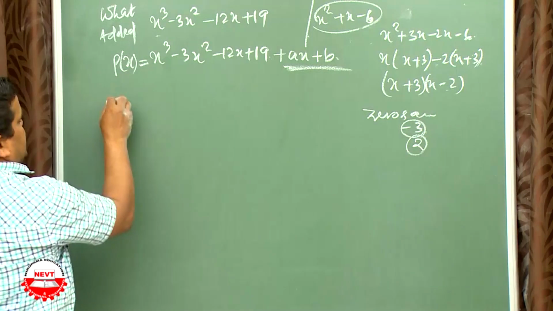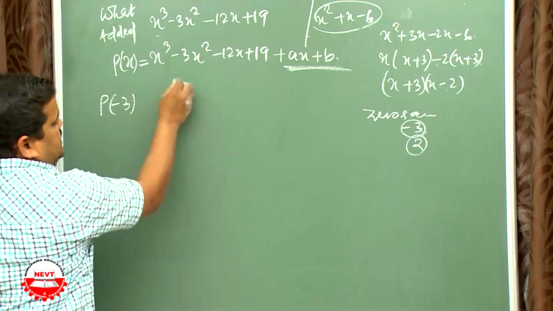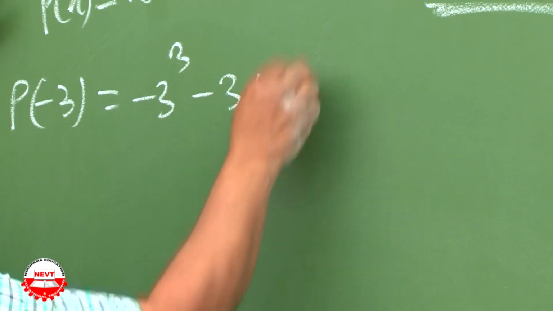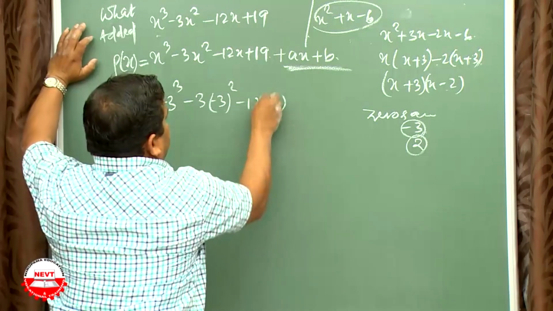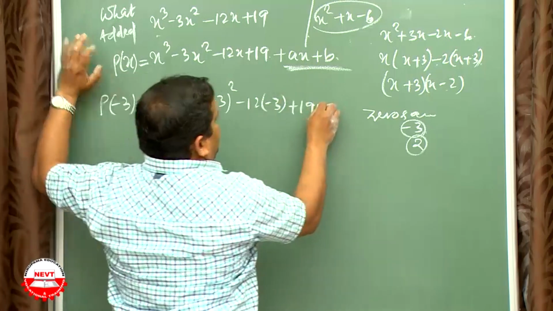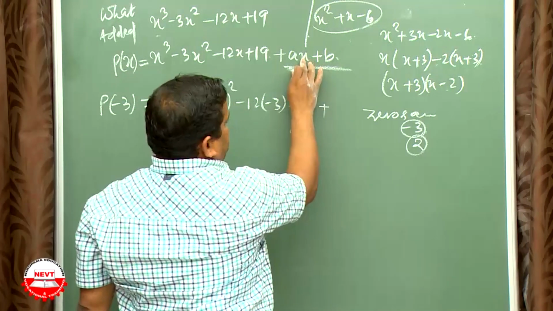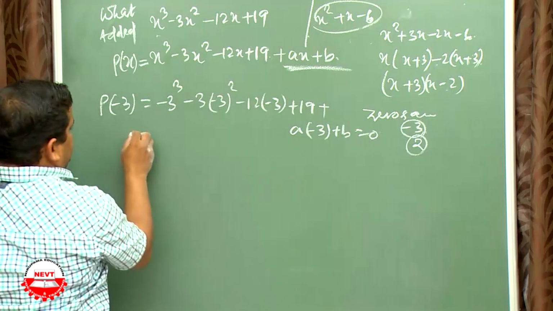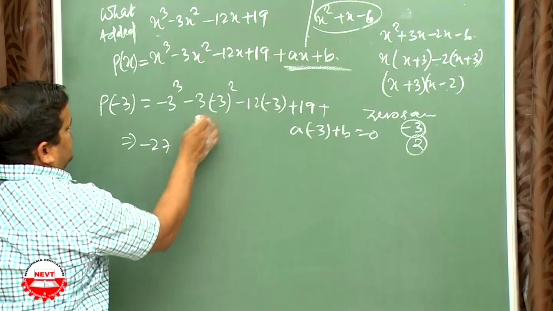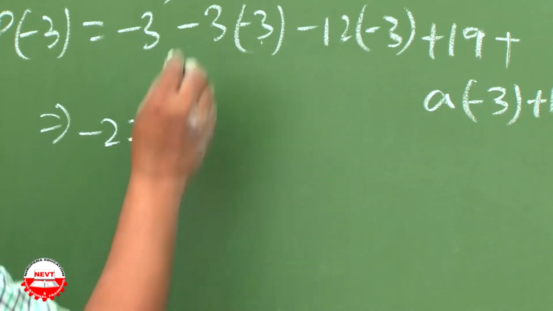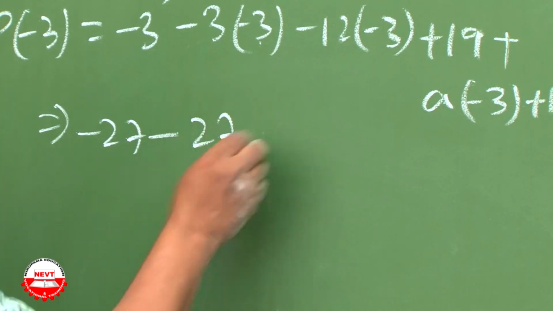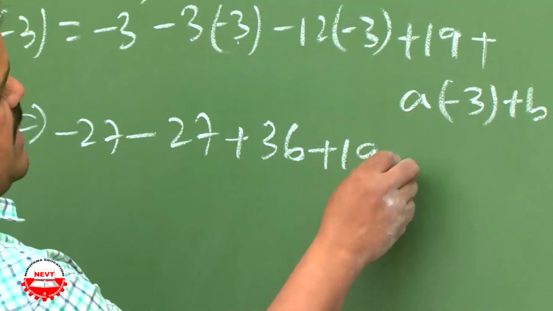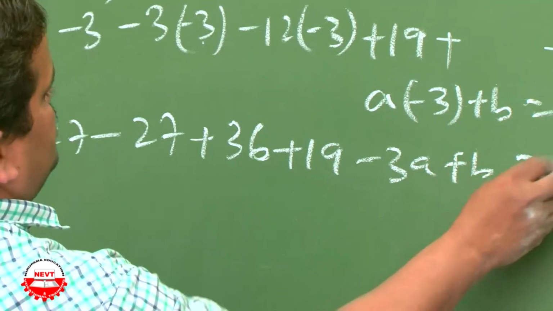So, first find p of minus 3. You get an equation that is (minus 3) cube minus 3 into (minus 3) square minus 12 into minus 3 plus 19 plus a into minus 3 plus b is equal to 0. That means what you will get here, minus 27 plus 9 into minus 3 is minus 27, then plus 36 plus 19 minus 3a plus b is equal to 0.